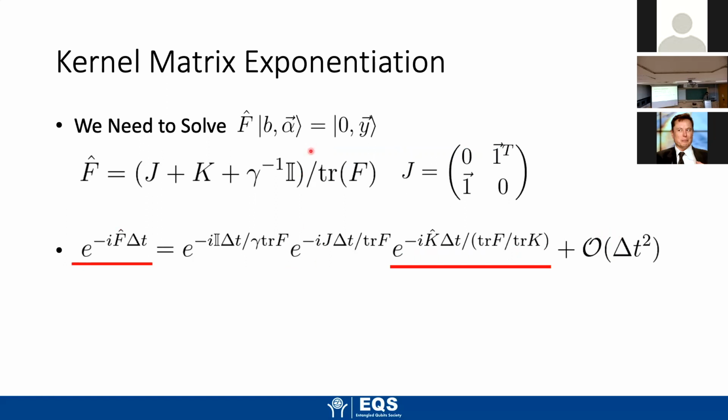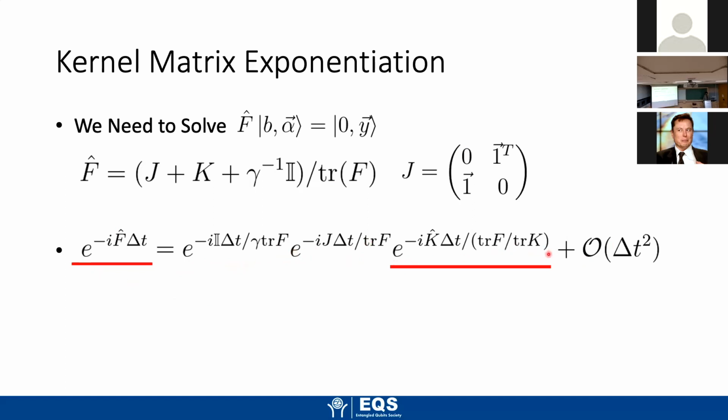Okay, but the actual equation we need to solve is this one. Right? So it's a little bit different from K. But it doesn't matter because J, which is just this matrix, and the identity are well known. So you can write it like this. This is trivial, and it is known that it has only two eigenvalues. So this part and this part.